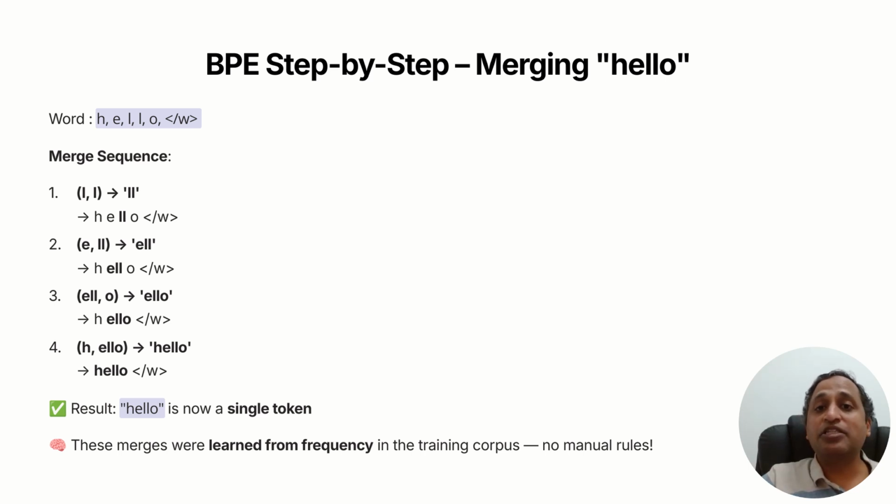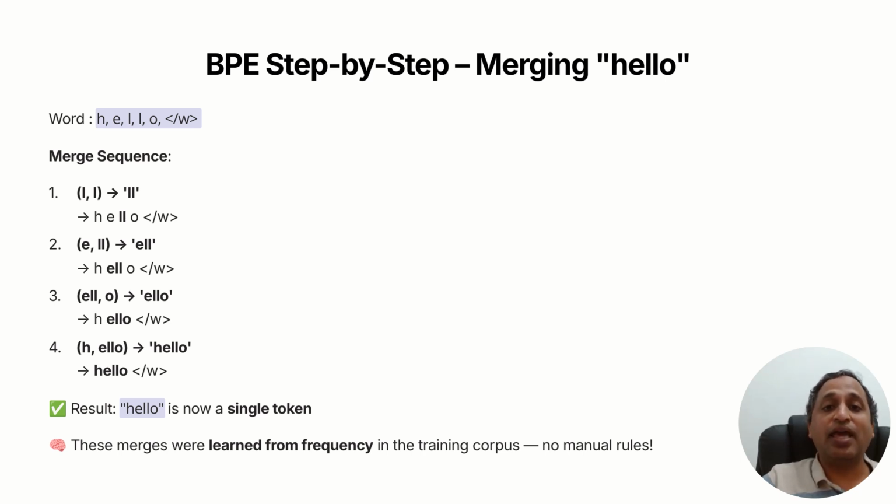We start by splitting the word into characters, including the end-of-word marker. As we discussed in previous slides, "hello" becomes H-E-L-L-O and /w. Now we run the BPE merge steps based on frequency. Step 1, the most common adjacent pair is L comma L, so we merge them to form LL.